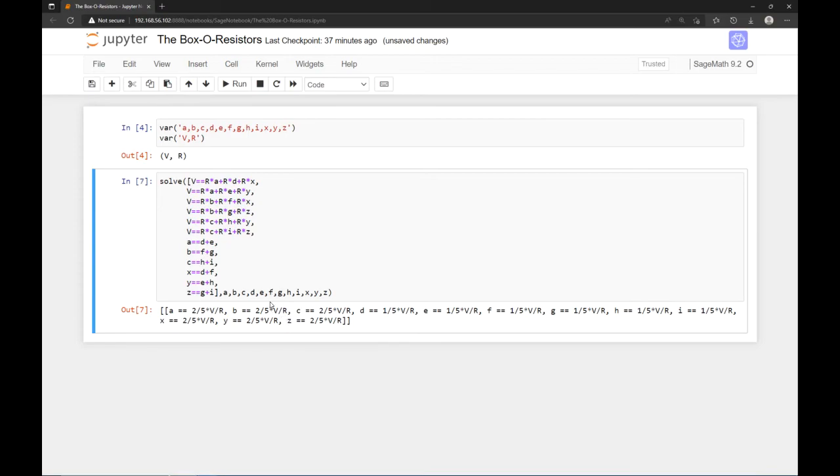So we've asked our computer to solve this system of 12 equations for these 12 different currents.